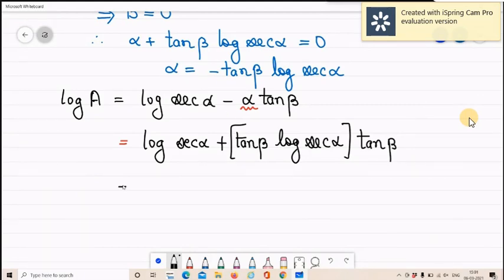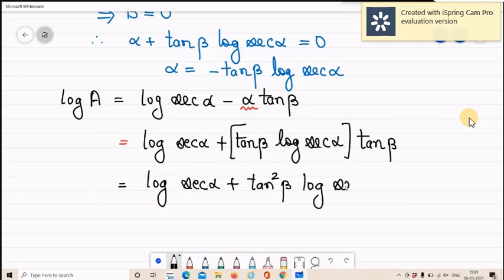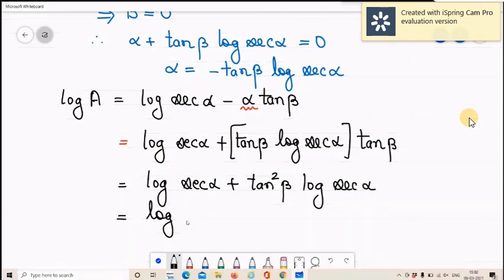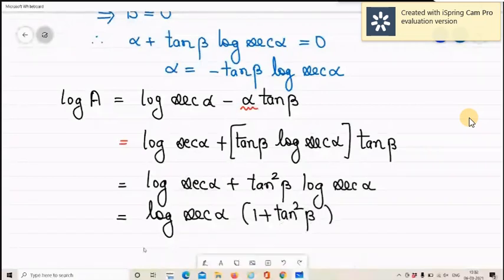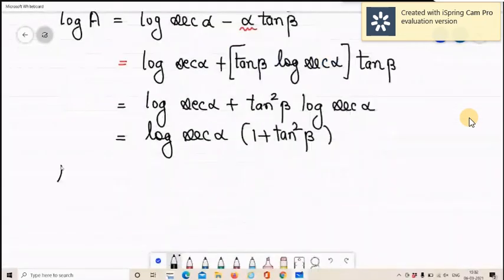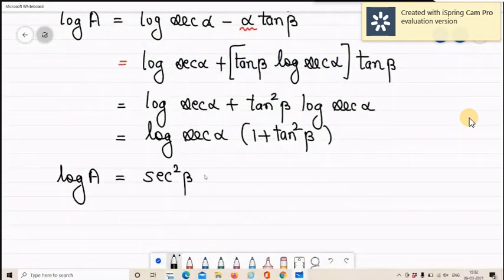So what you can see, we are getting tan square beta log of sec alpha, and log of sec alpha is common. We are left with 1 plus tan square beta. What is 1 plus tan square beta? Sec square beta. So we are getting sec square beta log of sec alpha.